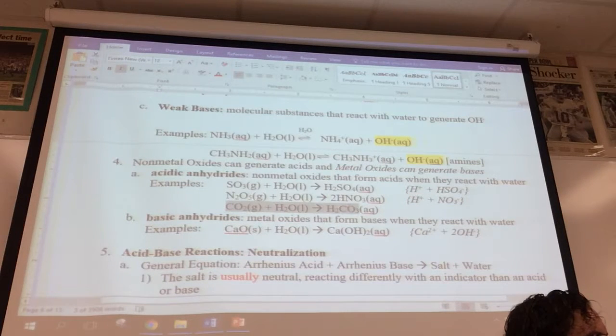Carbon dioxide in water form carbonic acid. So a non-metal plus oxygen, a non-metal oxide, will make an acid. A metal oxide in water always makes a base. If the base is strong, you would ionize that as well.